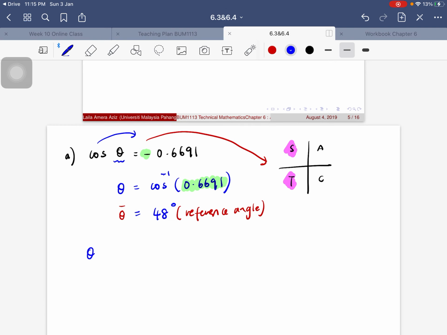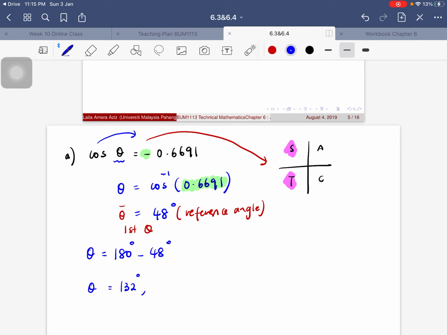Therefore theta equals two values. The first value is in the second quadrant, and when we want to find the value in the second quadrant, the operation is 180 degrees minus 48 degrees. If I simplify this, I get a value of 132 degrees.